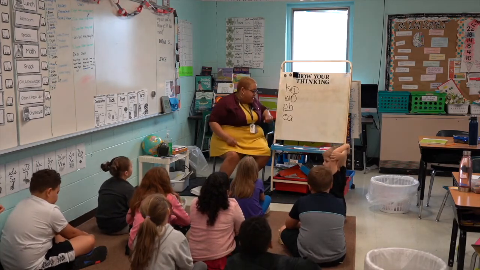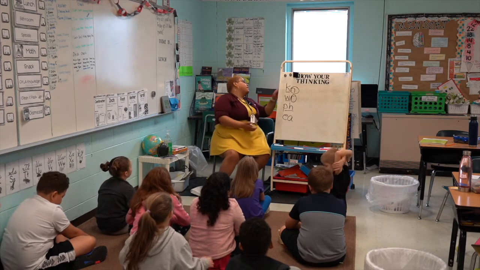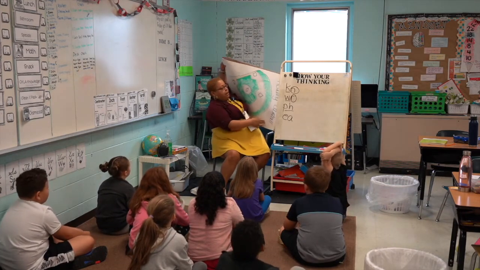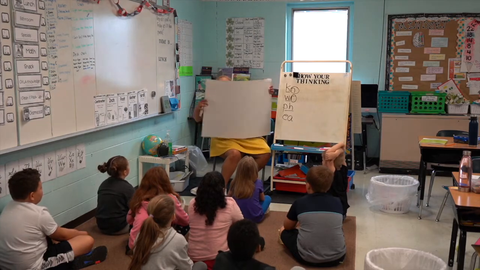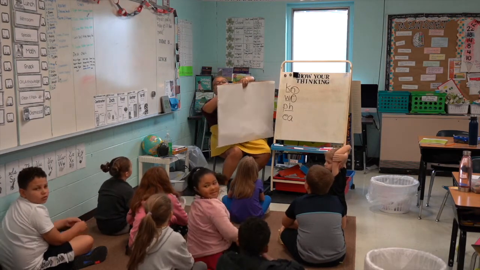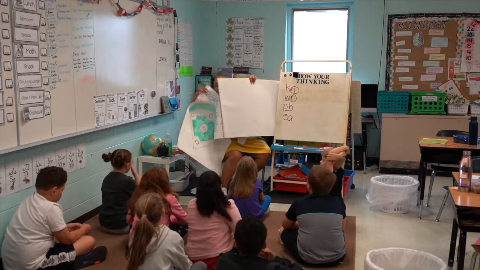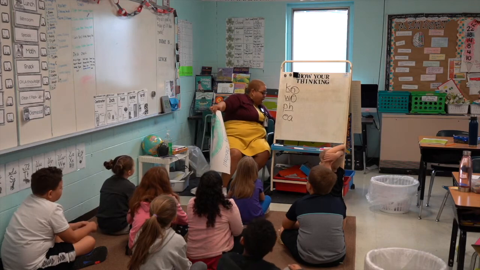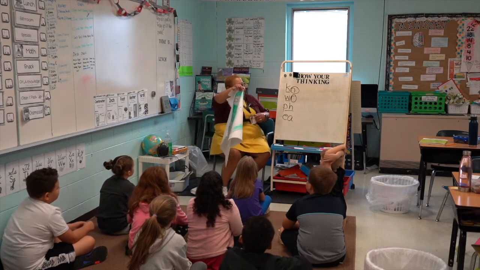All right, so in this game, it's going to be our reading baseball. Now, don't laugh at my baseball diamond. I did my best, okay? All right. Oh, you've got to listen for the directions.